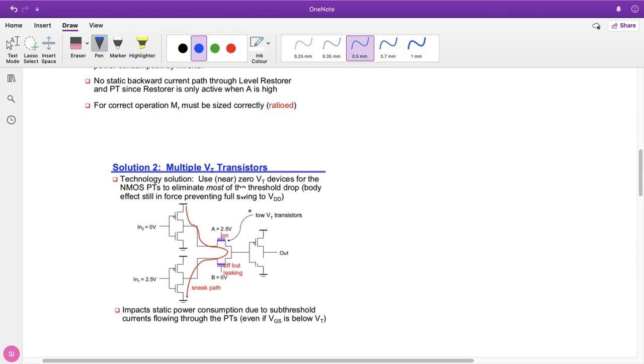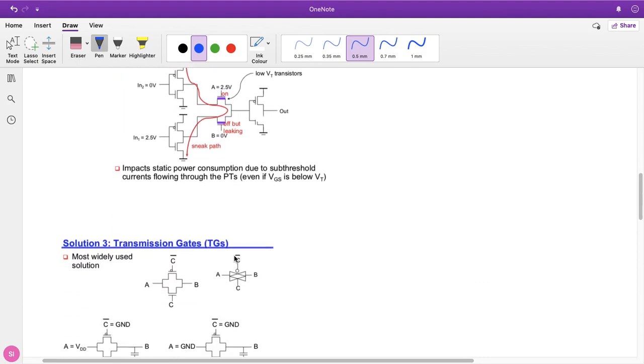However, this method is quite tricky because you have to understand the pass transistor on each path. So it also introduces more time to come up with the timing analysis.